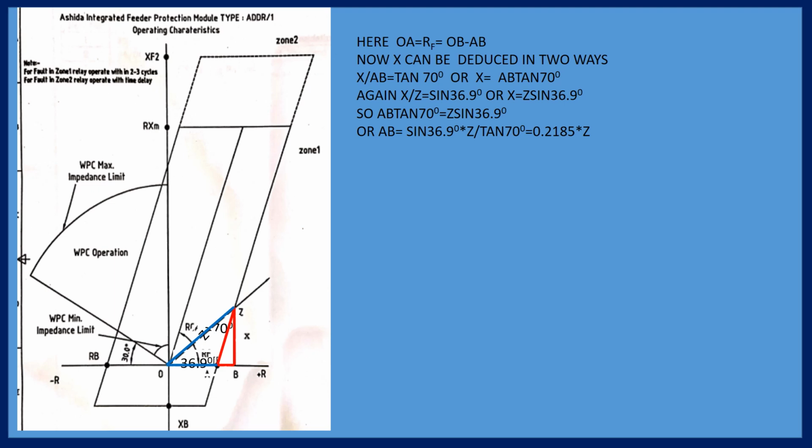Then system earthing. System earthing means we are earthing one leg of the power transformer secondary side, and one end of the CTPT, to the earth. Why are you doing it? It is called system earthing.